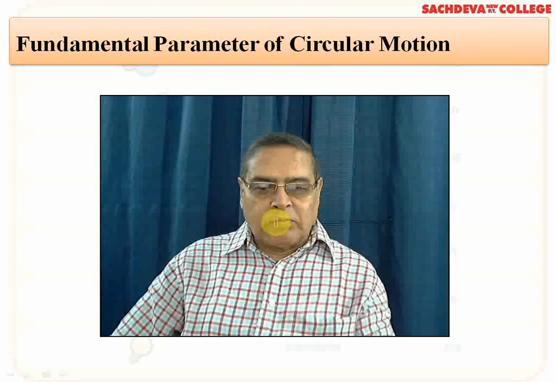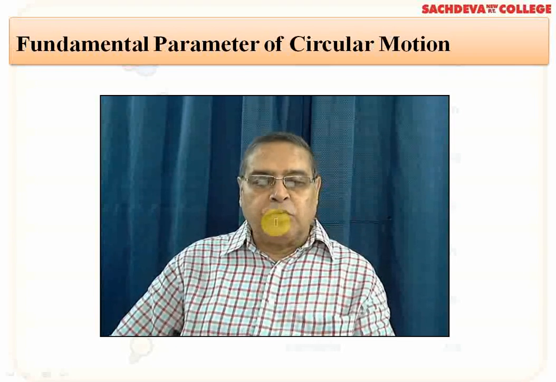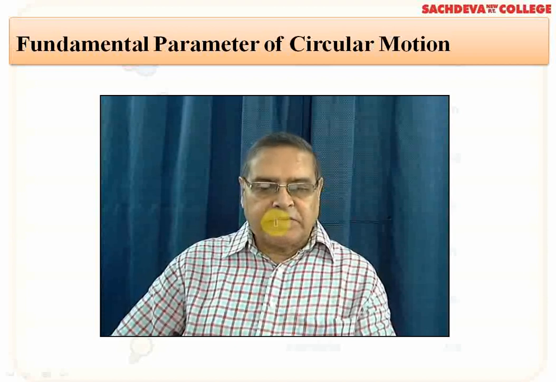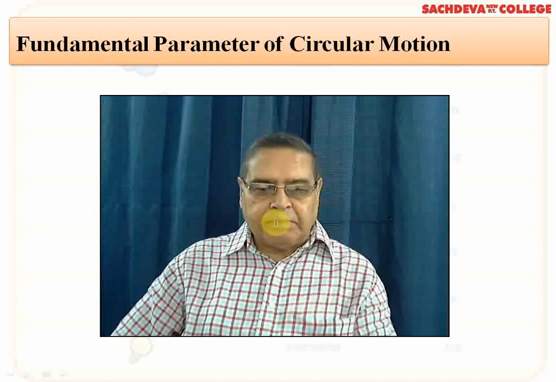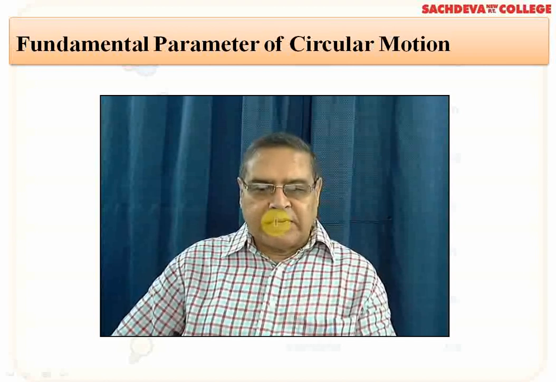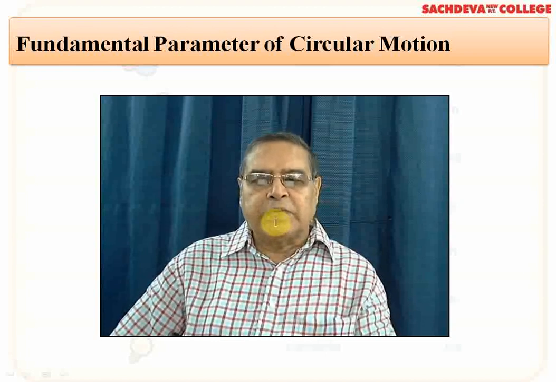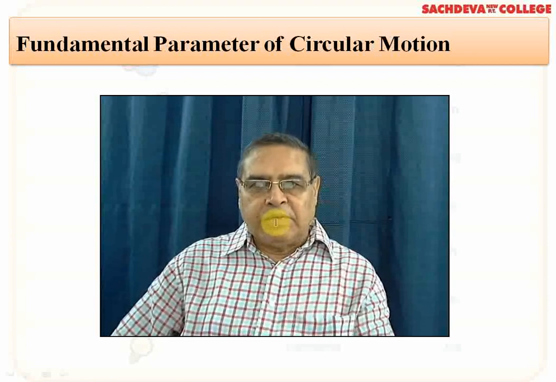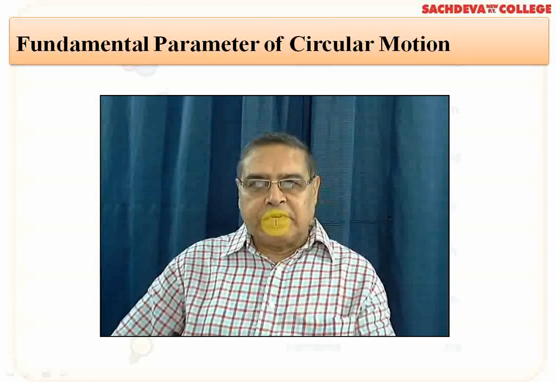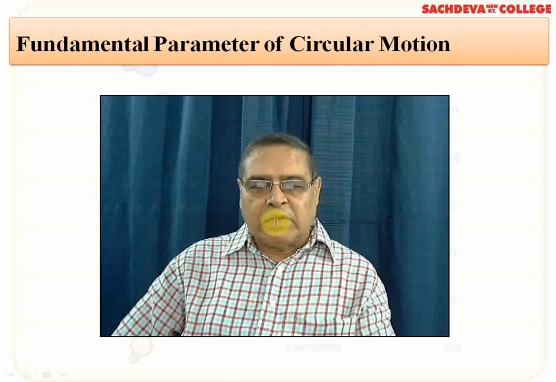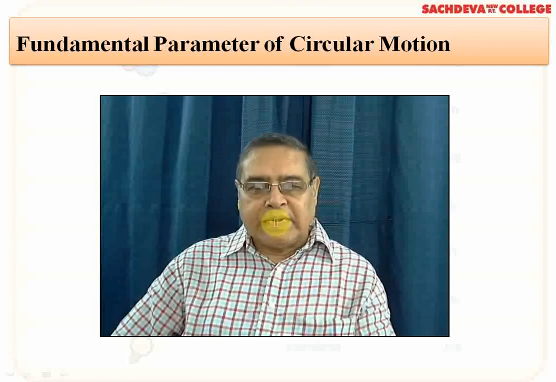So in circular motion, basically when the particle is moving in uniform circular motion, the very important fact is that at any instant of time, the radius vector is at right angles to the velocity vector. Whenever a particle is moving in uniform circular motion, we find that the speed remains constant at different instants of time, but velocity is represented by drawing a tangent at a point at that time.